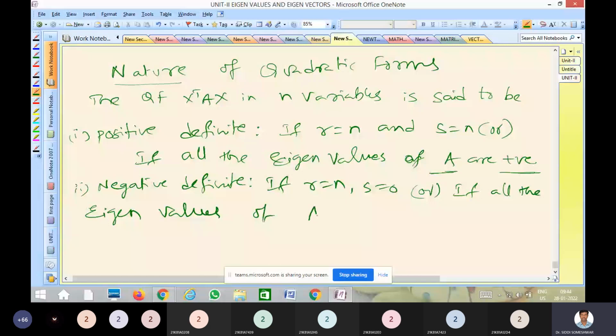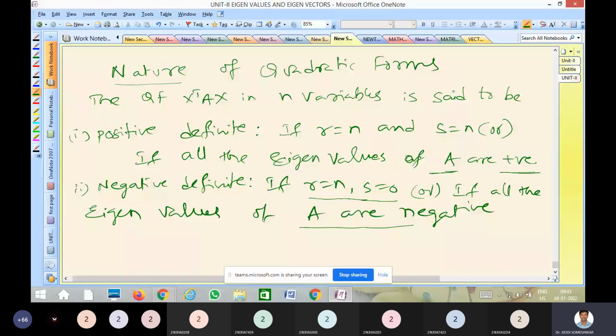So there are no positive terms, all are negative. Then we can say this is negative definite. Here you can observe the rank is equal to the number of unknowns and the index is 0, that is, the number of positive terms in canonical form is 0. This is one criterion.